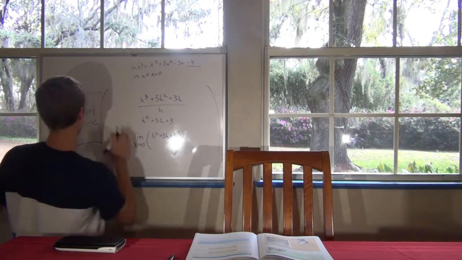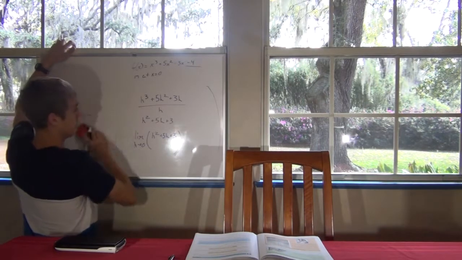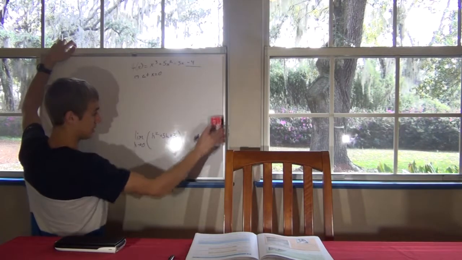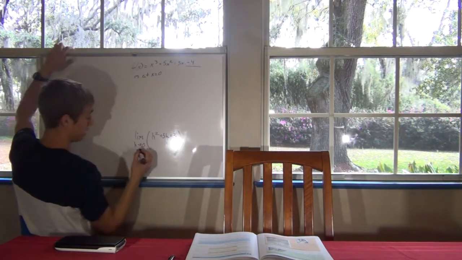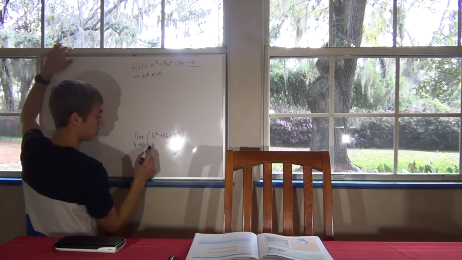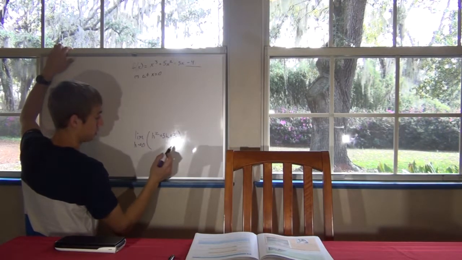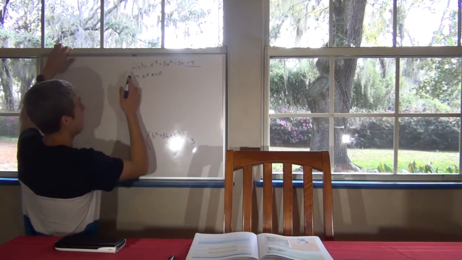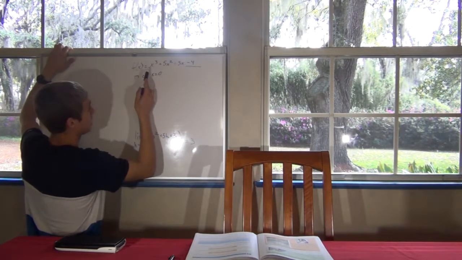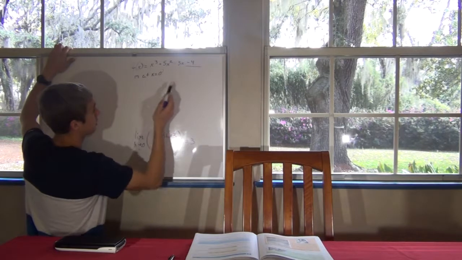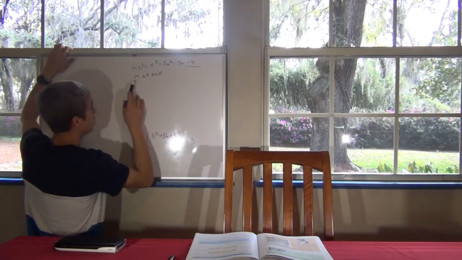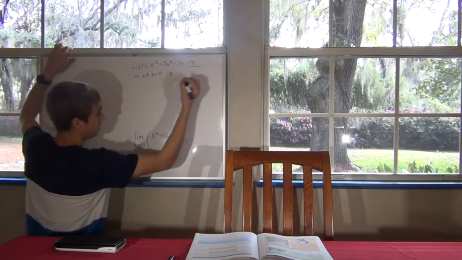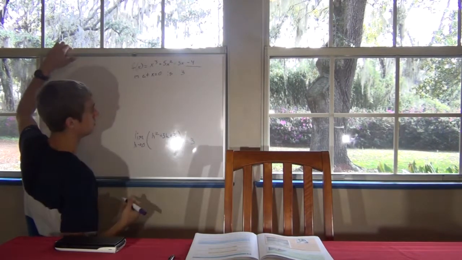Nothing in the denominator now to mess us up, and we can just plug it straight in. 0 squared equals 0, 5 times 0 equals 0, 3. So this equals 3, which means for the function x cubed plus 5x squared plus 3x minus 4, the slope at x equals 0 is 3.